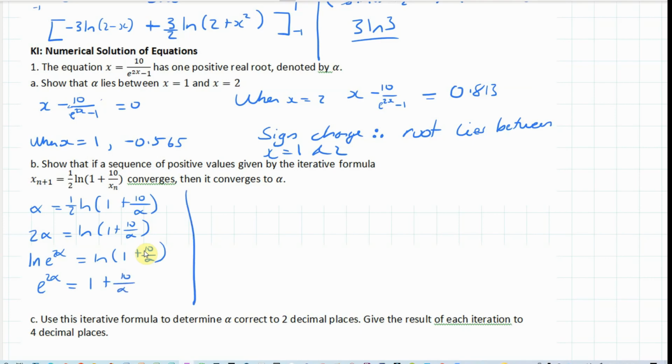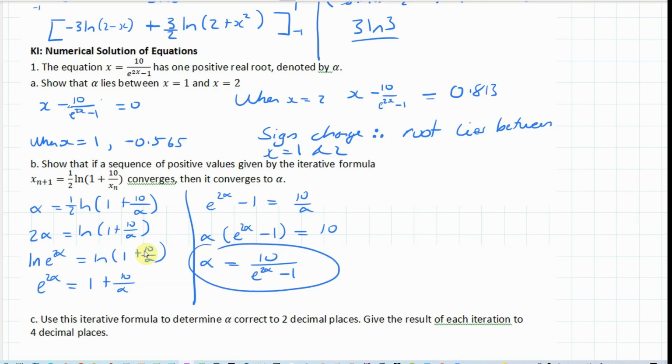And now you see we're getting really close. e to the 2 alpha minus 1 equals 10 over alpha. And I can multiply. So alpha equals 10 over e to the 2 alpha minus 1, and that's exactly what we wanted to prove. That's that bit there.